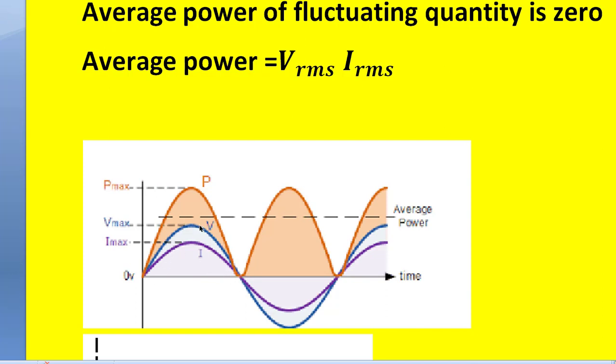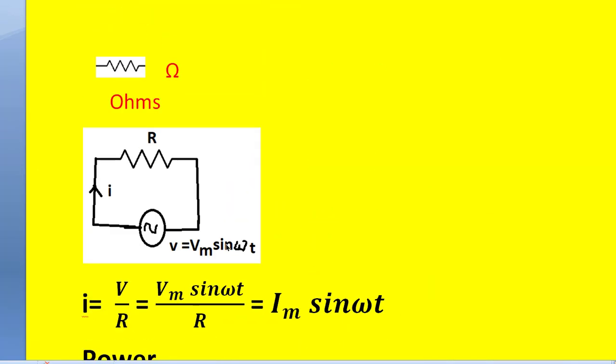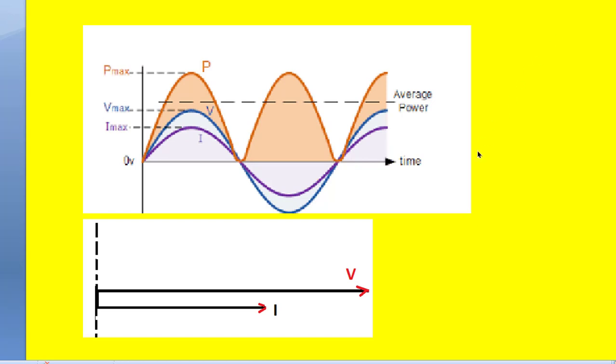We can see that here also: V equals Vm sin omega t, I equals Im sin omega t. This indicates there is no phase difference between these two terms. So the voltage and current are in phase with each other, and that is why we get the waveform like this.